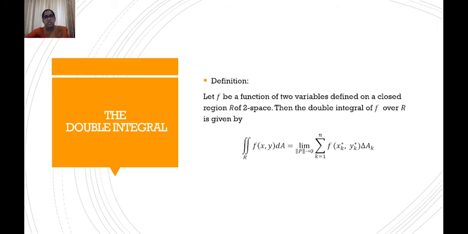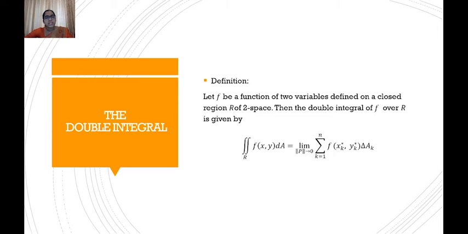The double integral is nothing but the limit as norm P tends to 0 of the summation, k equal to 1 to n, of f of xk star, yk star times delta Ak, where delta Ak is the area. So this is how the concept of double integral comes into the picture.